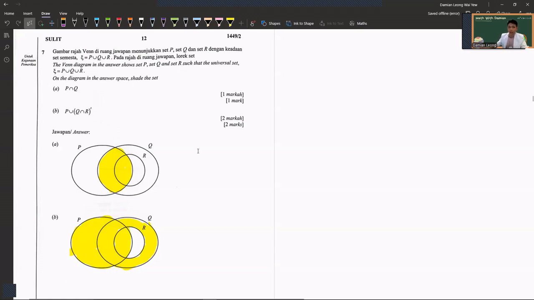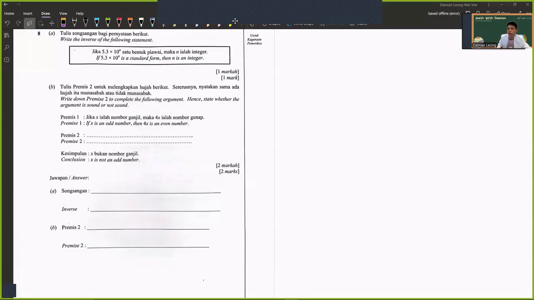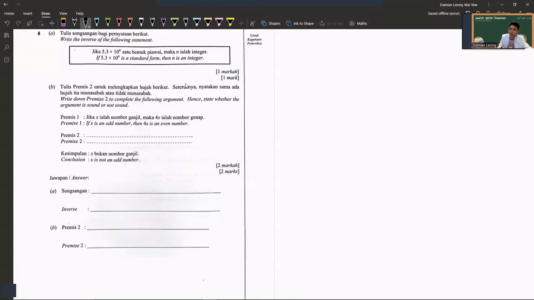That's for question 7. Then question 8. So part A, write the inverse of the following statement. Inverse means we negate the antecedent and the consequent. Okay, negate both the antecedent and consequent.